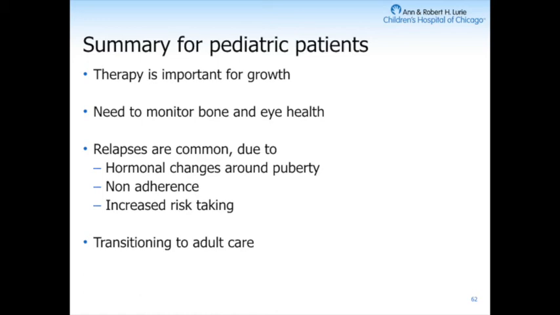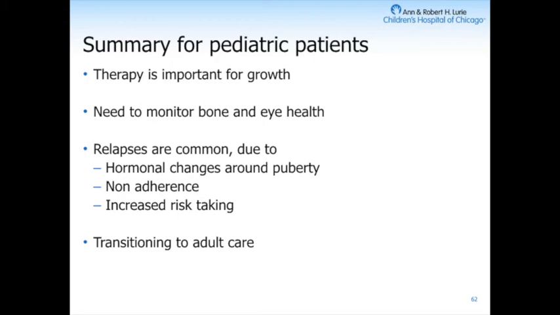And then the other, I think, critical time is the transition to adult care. In pediatrics, things are a little bit different. The number of patients is probably less than in adults, so we are maybe able to spend more time with the patients. I think we're not as pressed as the adult people to see more.